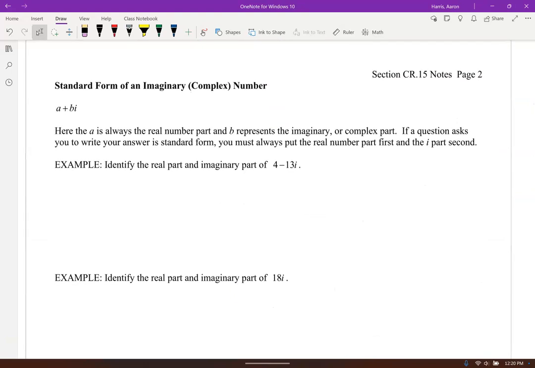All right, so any complex number can be written in this form, a plus bi. a and b are just real numbers, okay? So, for example, 4 minus 13i, a plus bi. So the real part of this is the 4.